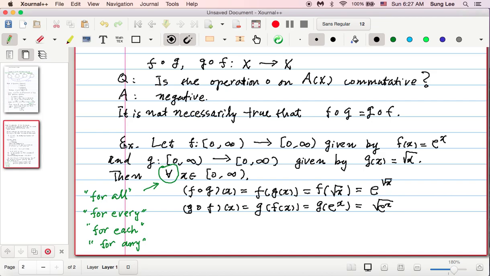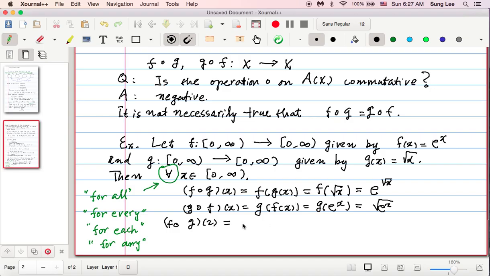I'm going to use x equals 2. We already calculated the values, so we don't have to go through the middle steps.